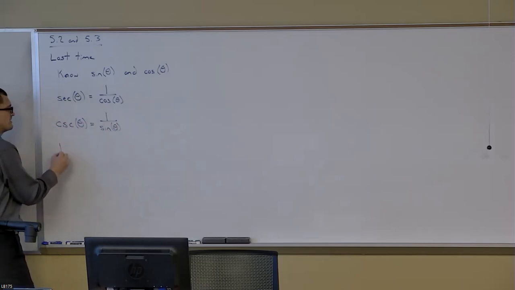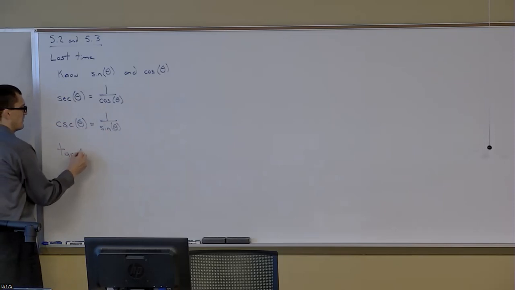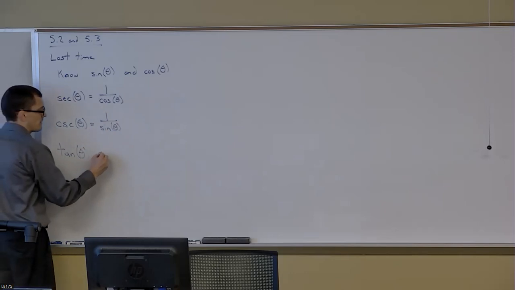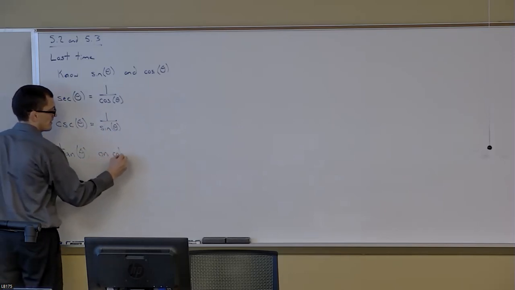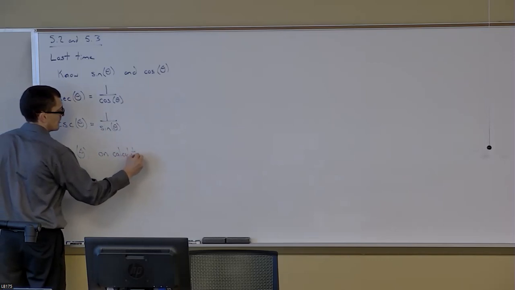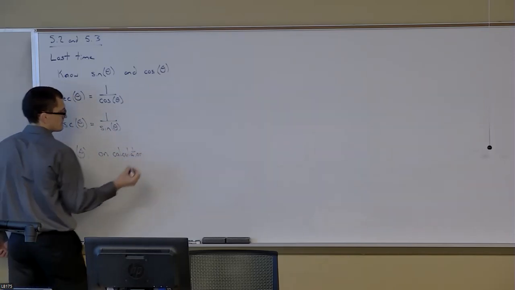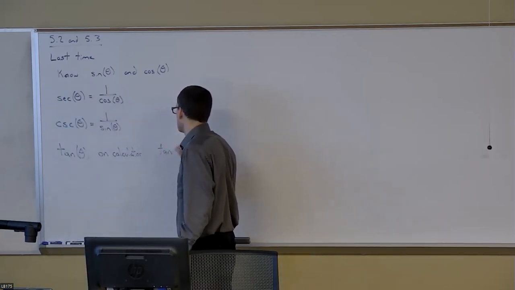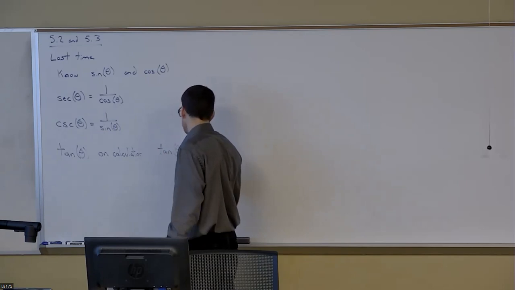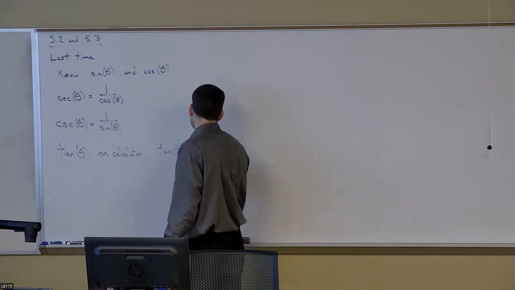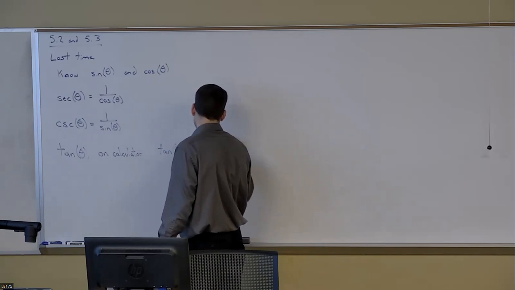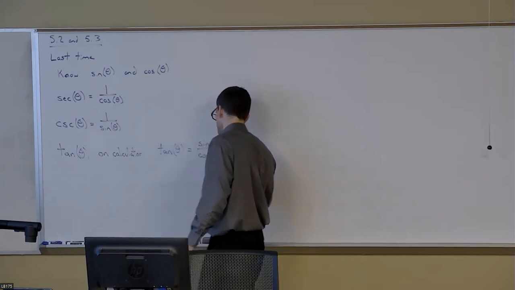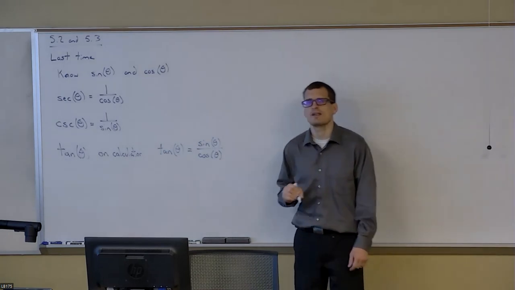If I want to do tangent of theta, well, that is on the calculator. Or I should say, and also, tangent of theta could have also been found by taking sine of theta divided by cosine of theta. Right?